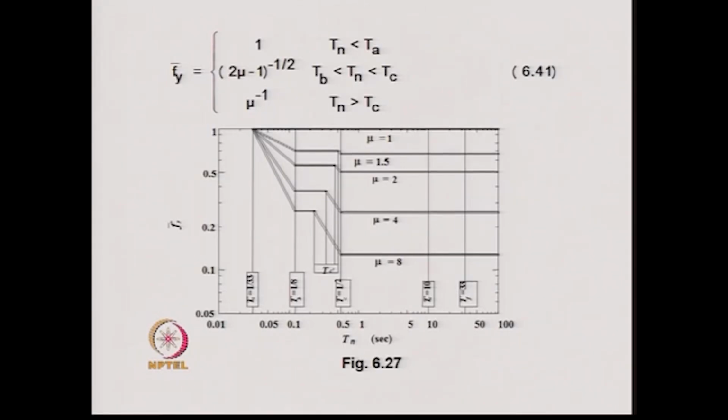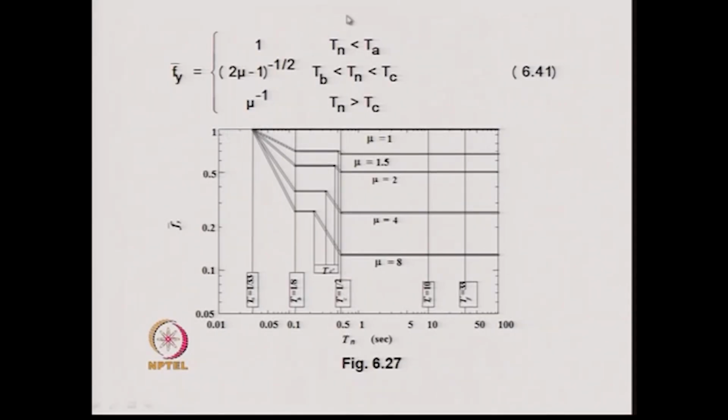Now, once we look at these particular curves, we can see that for T A equal to 1 by 33, that is for a very small value of T A, the value of f bar y is almost equal to 1.